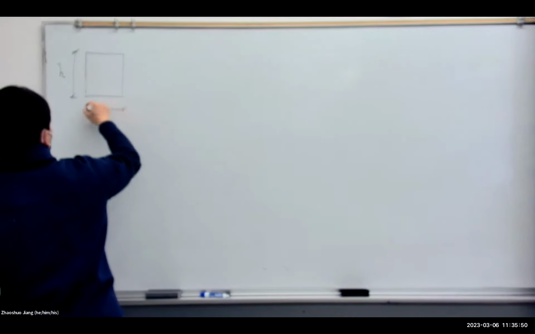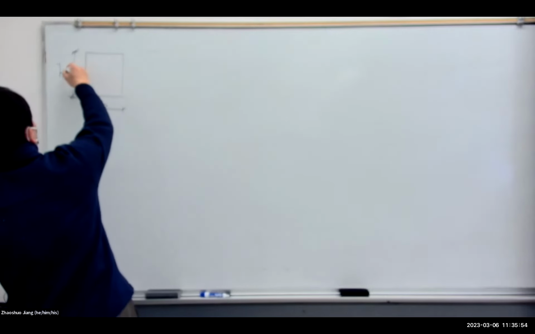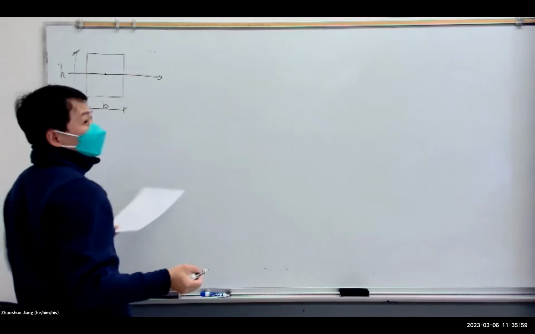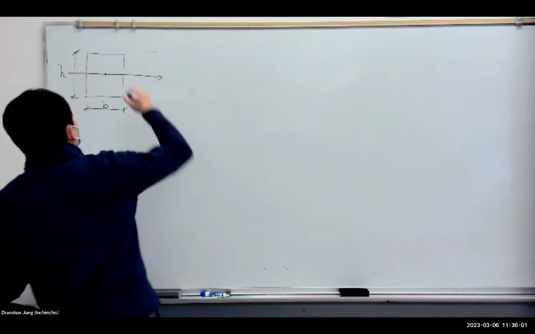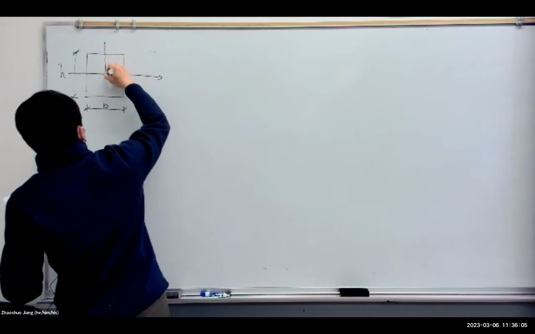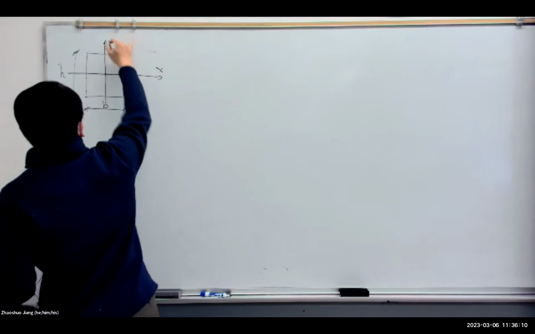This is the width, b. We know the centroid is in the middle for a rectangular section. If we have the coordinates passing through the centroid, this is my x, this is my y.